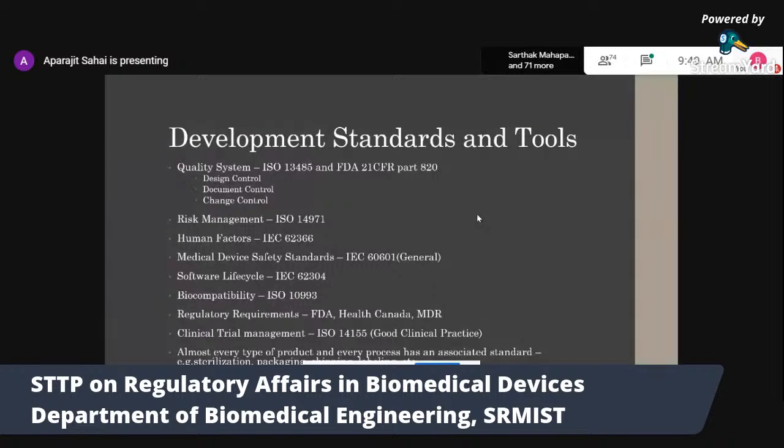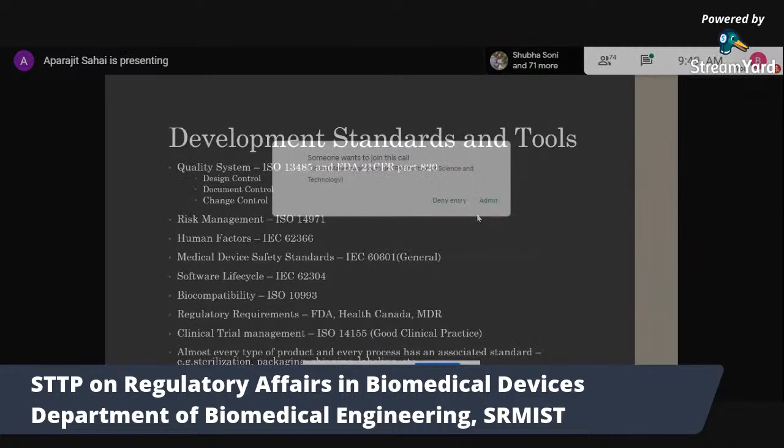Next, we come to some development standards and tools. There are two types of standards, one which are technical and have specific requirements that you would need to meet, for example, 60601-1. And there's another type called process standards, which essentially define a process that you can follow to be able to consistently produce safe and effective products.